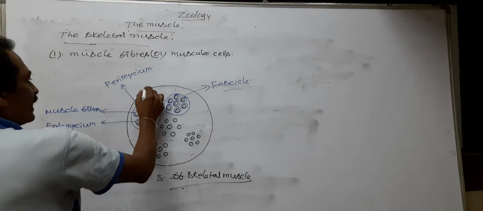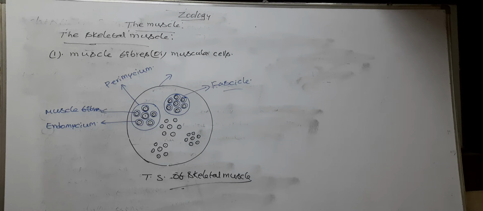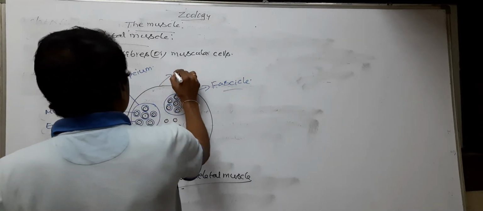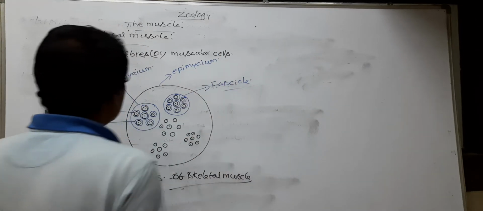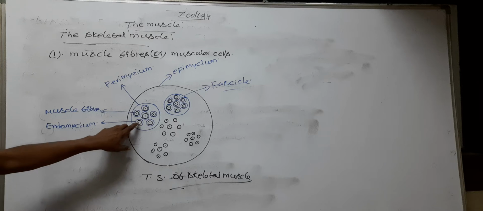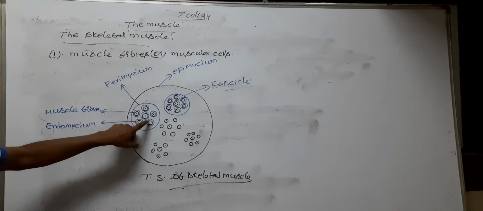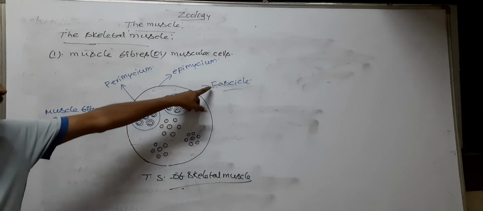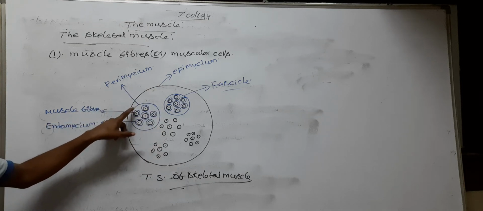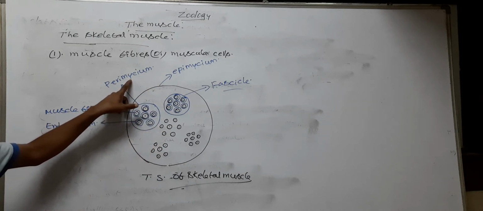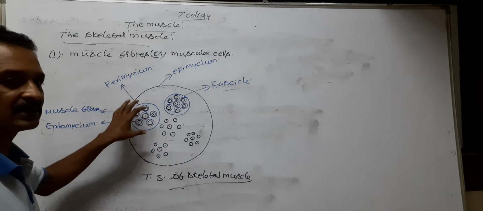Next, the entire muscle is enclosed by a membrane called epimysium. So each skeletal muscle cell is enclosed by endomysium. Each fascicle is enclosed by perimysium. Fascicle means a bundle or group of skeletal muscle cells.